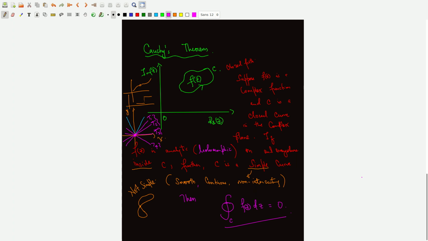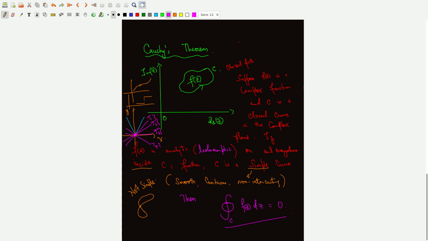So once more, you have our domain here. You have a function which is analytic. Of course, if it is analytic, one simple way we shall see is that it has to be defined at all values. If there is any value inside C where the function is not defined, then we shall say the function is not analytic at that particular point.